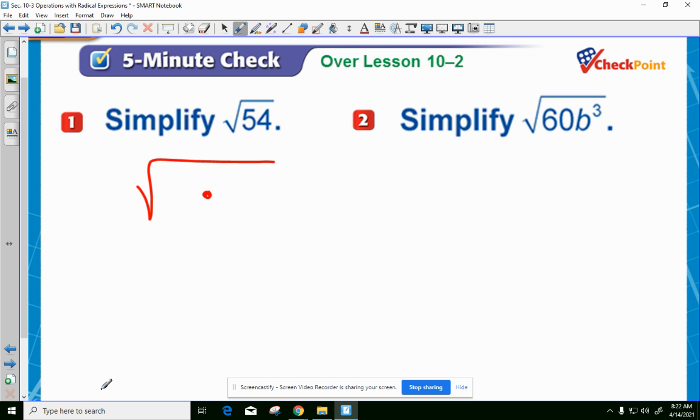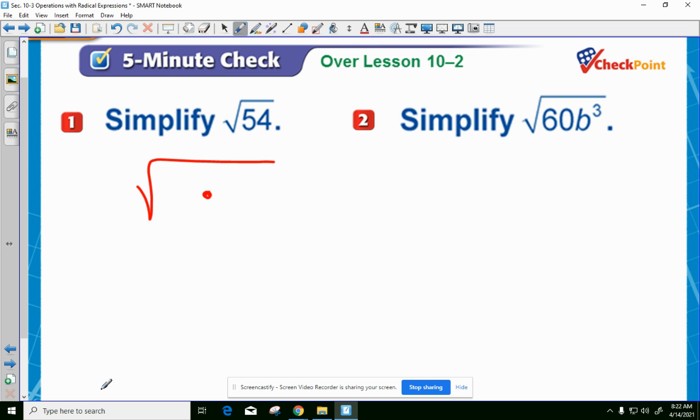It would tell you what perfect squares are possible. Half of 54 is what? 27. So you could only have perfect squares that are less than 27 as a possibility. That's not a whole lot of options. 25 would be the first one you could check. Can I do 25 times something to get 54? No.